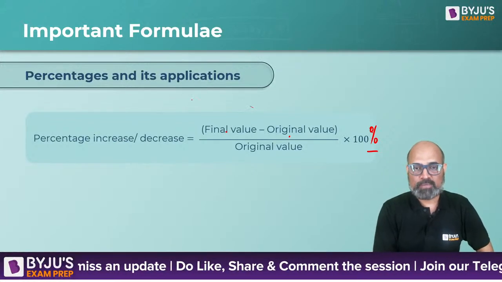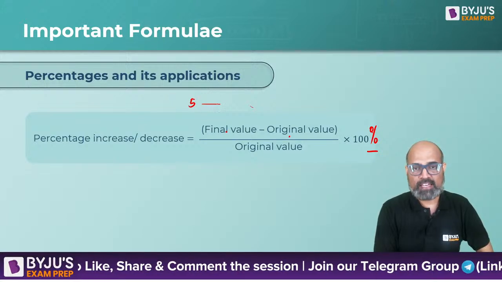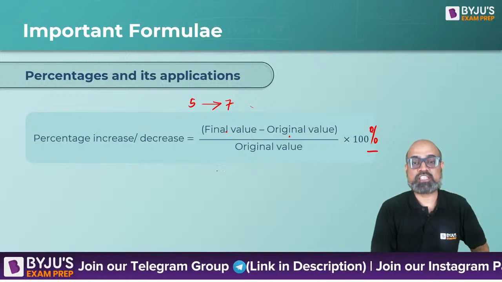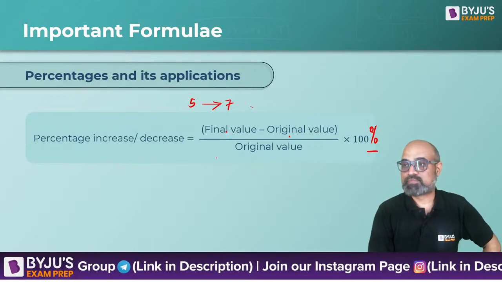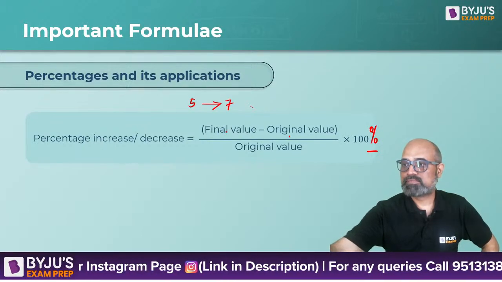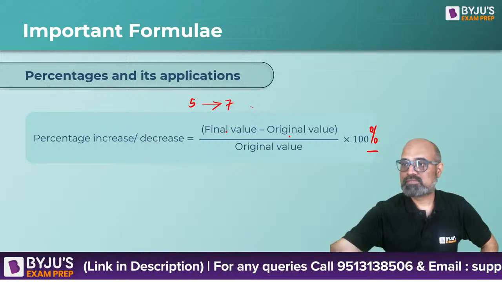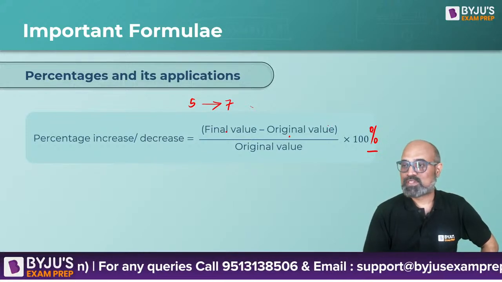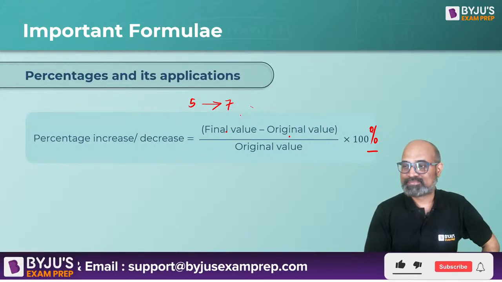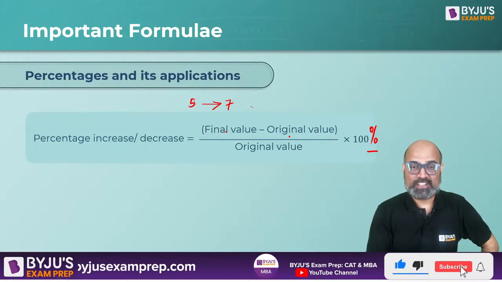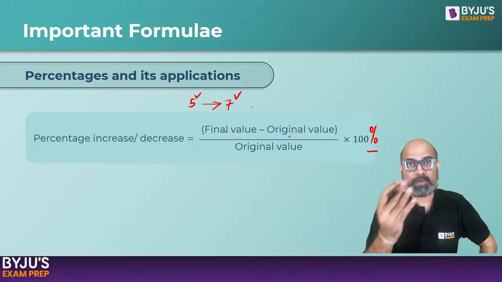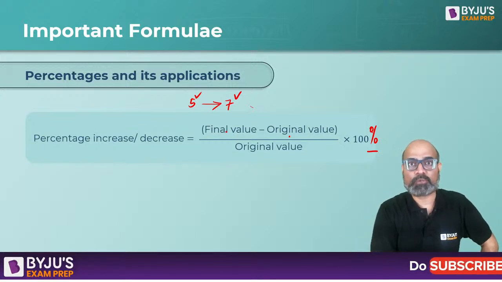Suppose you have a number which is, let's say, 5, and if 5 changes to 7, what is the original value? 5, right? Good. And what is the final value? 7. Because 5 has become 7, the final value that we are talking about is 7.